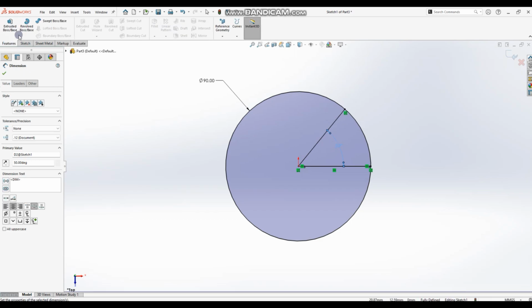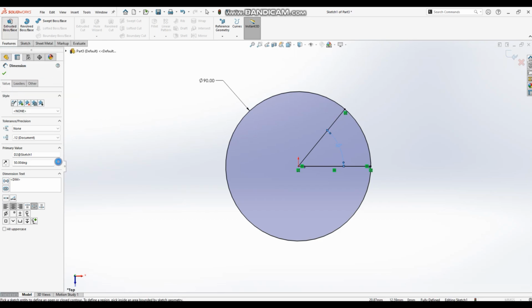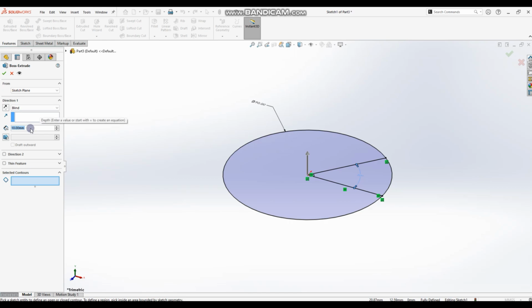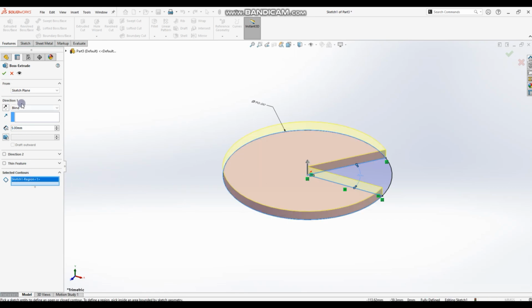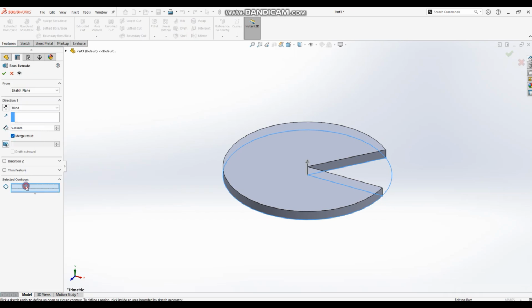Okay, extrude, providing thickness 5 mm. Okay, and in the same sketch, extruding this one 5 plus 2, 7.